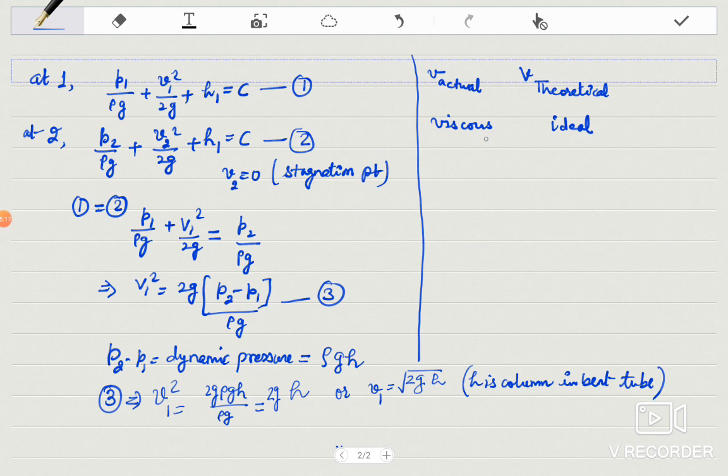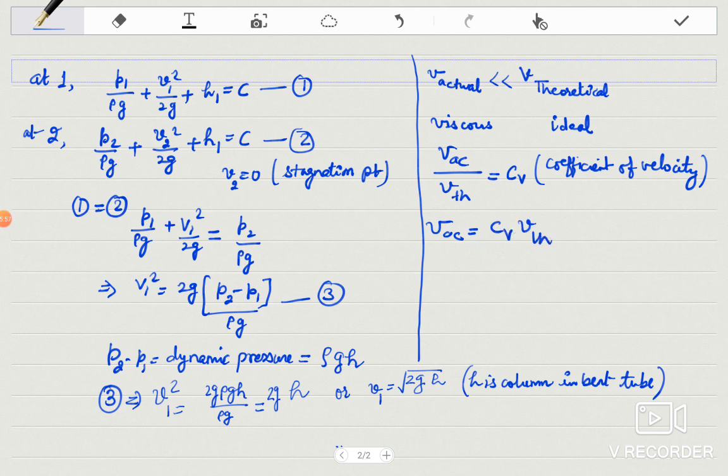So the velocity value theoretically found will be greater than the actual value of the velocity. The ratio V actual upon V theoretical is called the coefficient of velocity. So when you want to find V actual, this will be Cv times V theoretical.